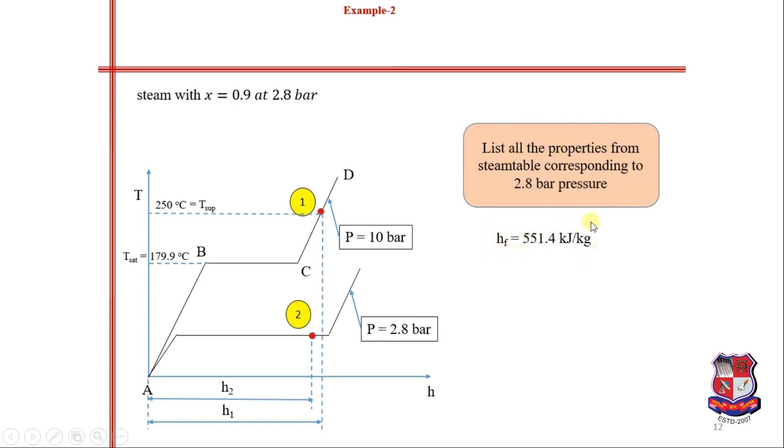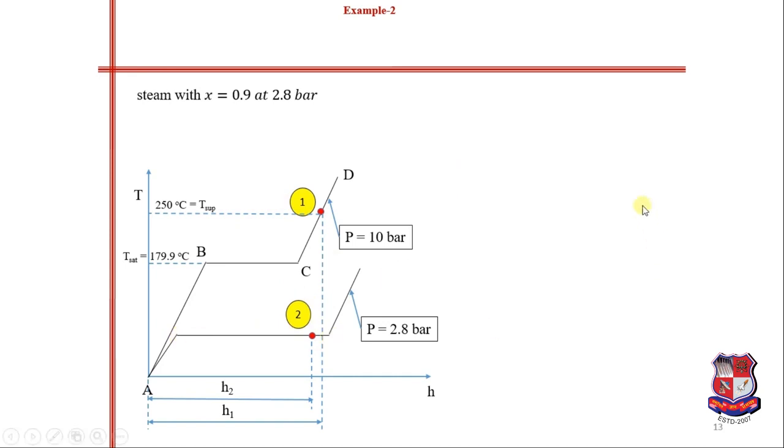Okay, so at 2.8 bar pressure Hf is 551.4 kilojoule per kg, Hfg is 2170.1 kilojoule per kg, Vf, specific volume of fluid, means at this point, is 0.001071, and Vg, specific volume at this point is 0.646 meter cube per kg.